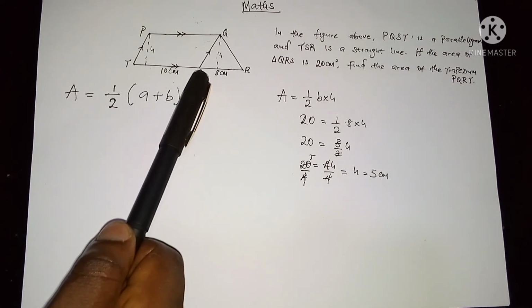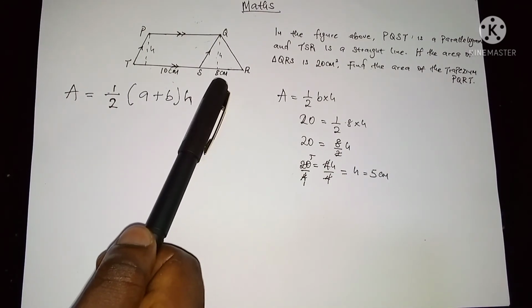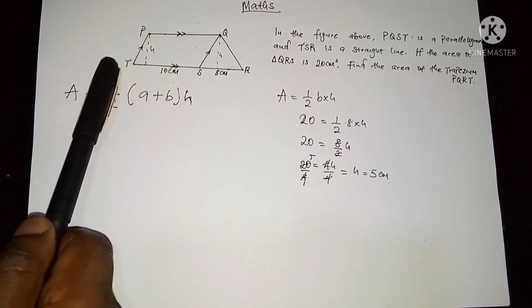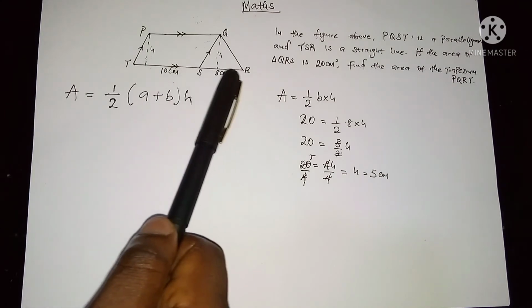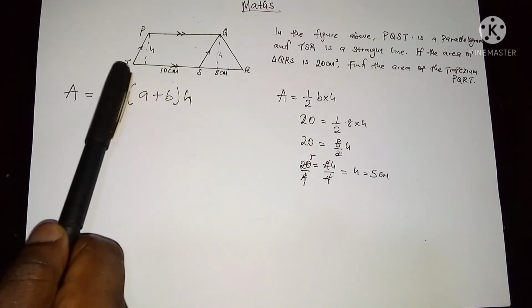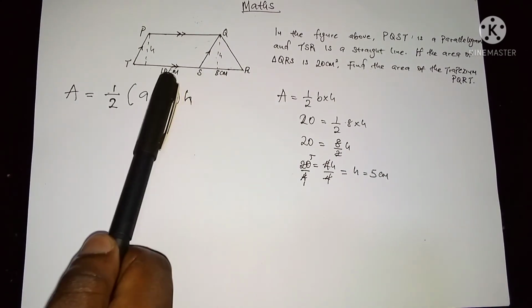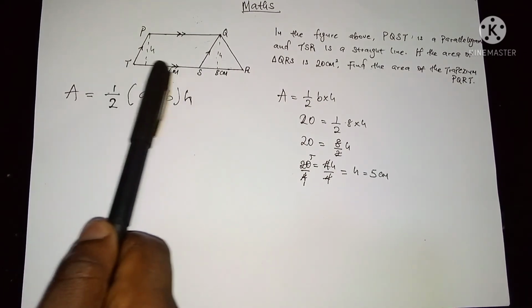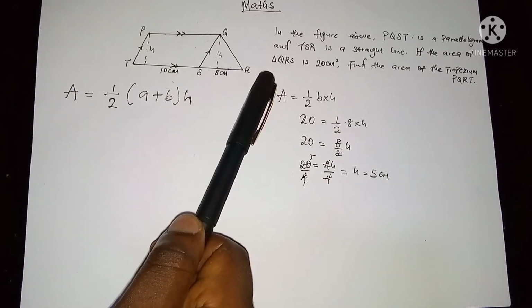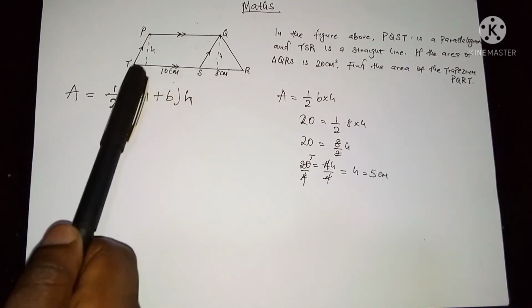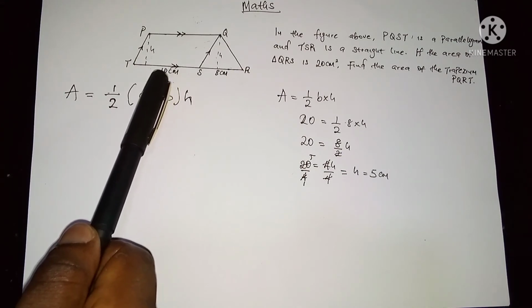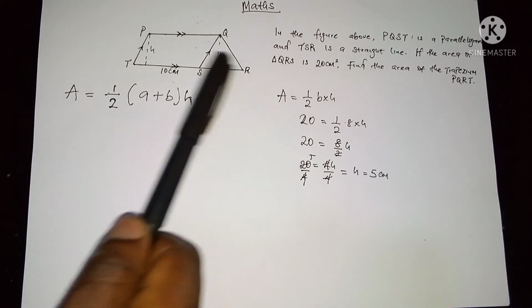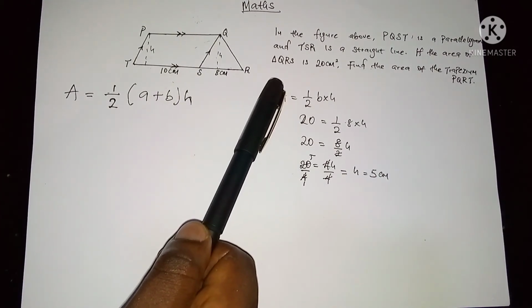But from S to R, it is 8 centimeters. So the total length of this base is 18 centimeters, because you add the length from T to S and the length from S to R to give you the length of the base.